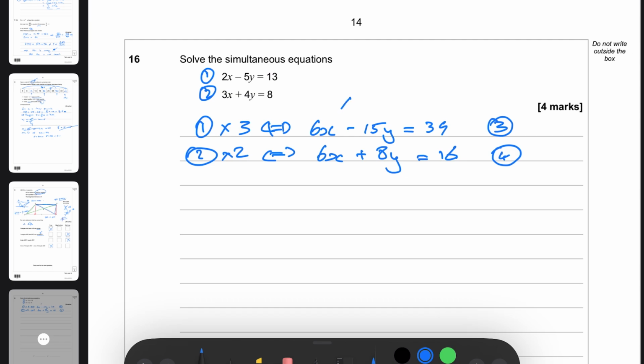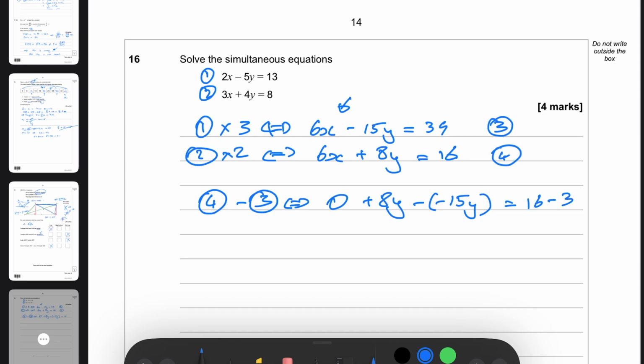Now what we're going to do is get rid of x to get y on its own, so we can either subtract one or the other. It doesn't really make a difference. I'm going to subtract 3 from 4, so 4 minus 3 is going to give 0 plus 8y minus 15y. Be careful of the double negative here. That is 16 minus 39.